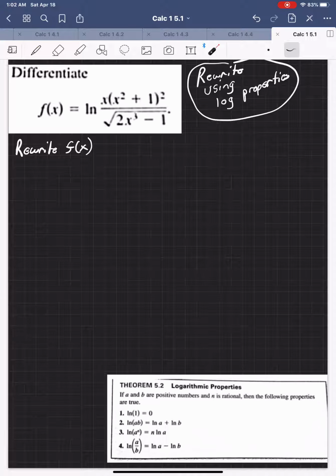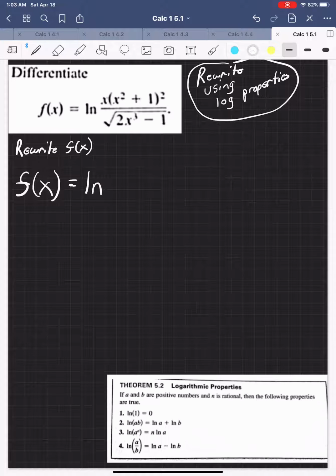So let's start. I have no log properties yet. The first thing I'm going to do is rewrite this radical using a fraction as an exponent. So if I rewrite f of x, I just want to get rid of that radical right now.